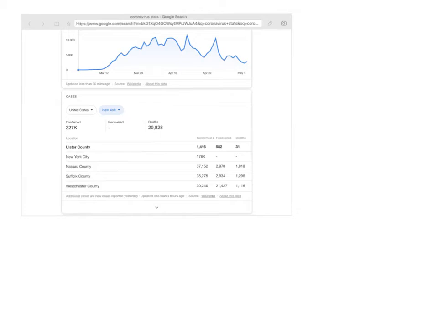Okay. But we're seeing that Ulster and died from the coronavirus, okay, are not independent. If they were independent, if living in Ulster had no impact on this number compared to all of New York State, these two numbers would be exactly the same.